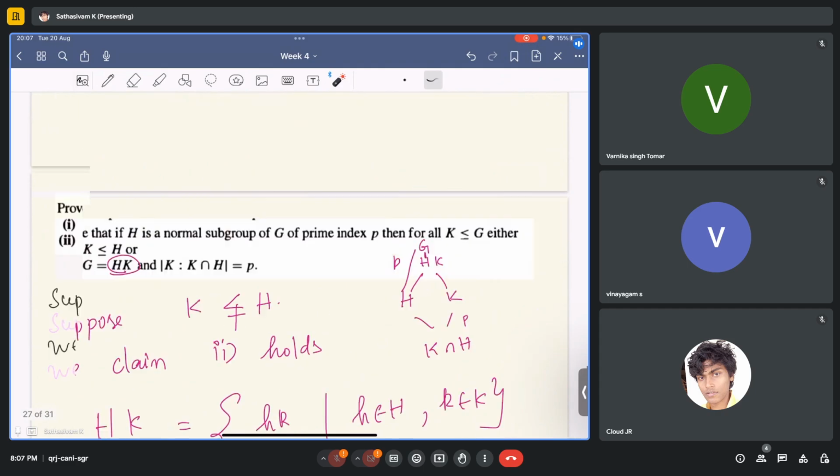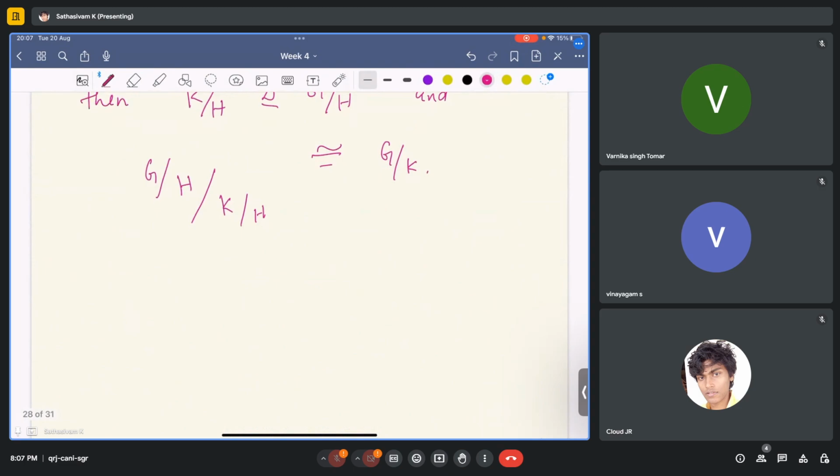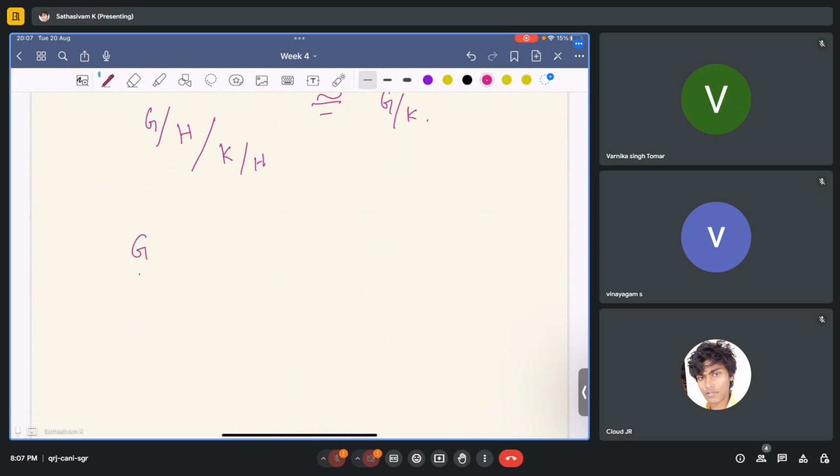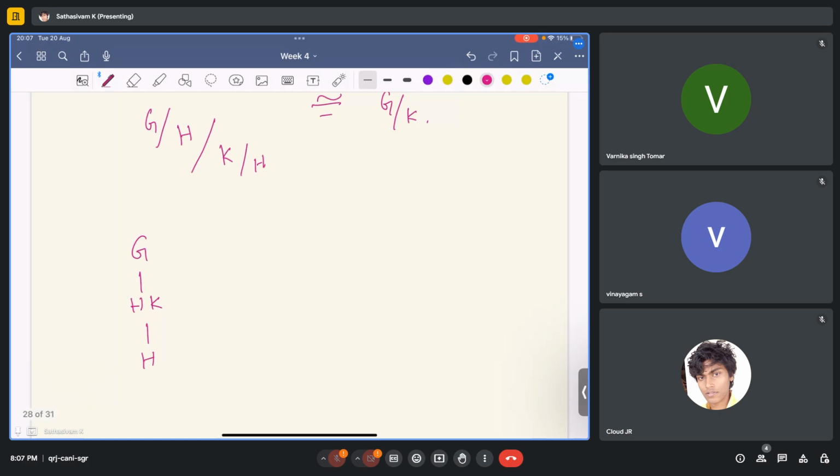So let's do it for this particular chain. We have G here, HK here, and H here. Let's use the third isomorphism theorem, with the order property directly.